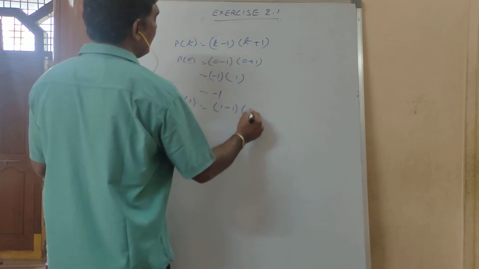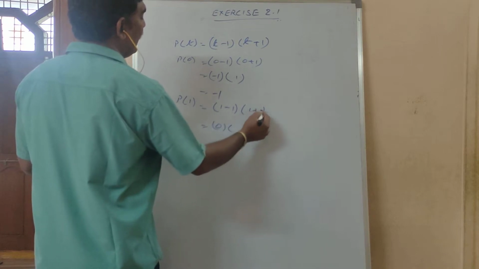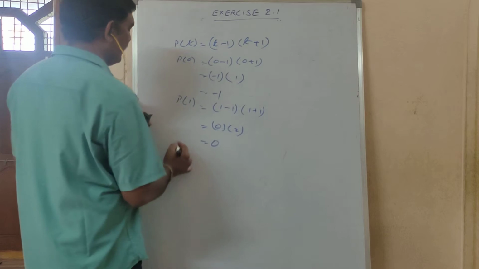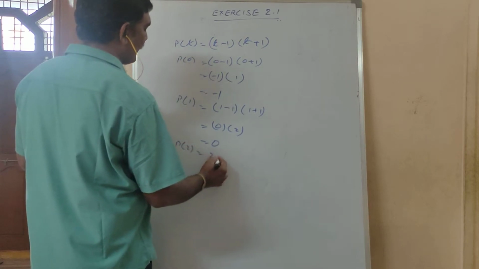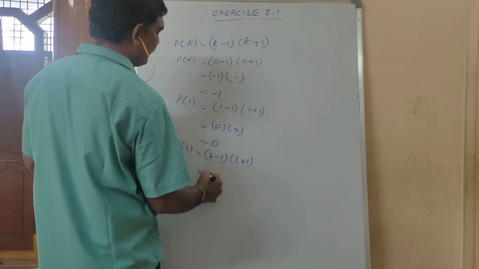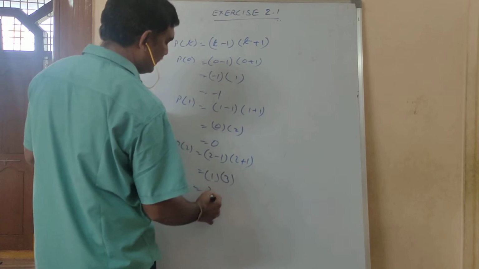Next go for P of 1. 1 minus 1, 1 plus 1. 1 minus 1 is 0. 1 plus 1 is 2. 0 into any number is 0 itself. Next P of 2. 2 minus 1 into 2 plus 1. 2 minus 1 is 1. 2 plus 1 is 3. 1 into 3 is 3.